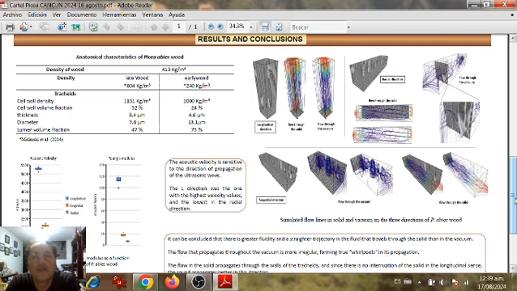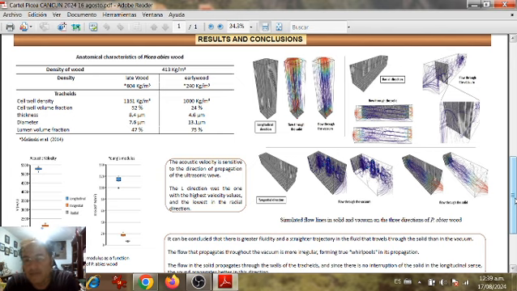This is because the lumens are oriented in this direction. This also induces a higher Young modulus obtained for the longitudinal direction. So this is consistent with the mechanical properties reported for this kind of wood species.